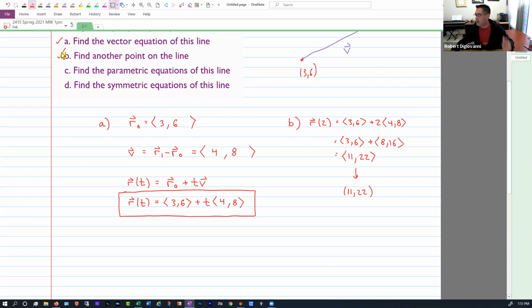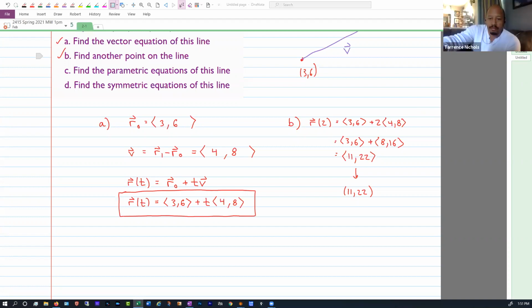C. So find the parametric equations. Terrence, is Terrence there? I see you, Terrence. You able to get to your mic? Yeah, I'm here. Okay. So the parametric equations of the line, Terrence, from the notes before.